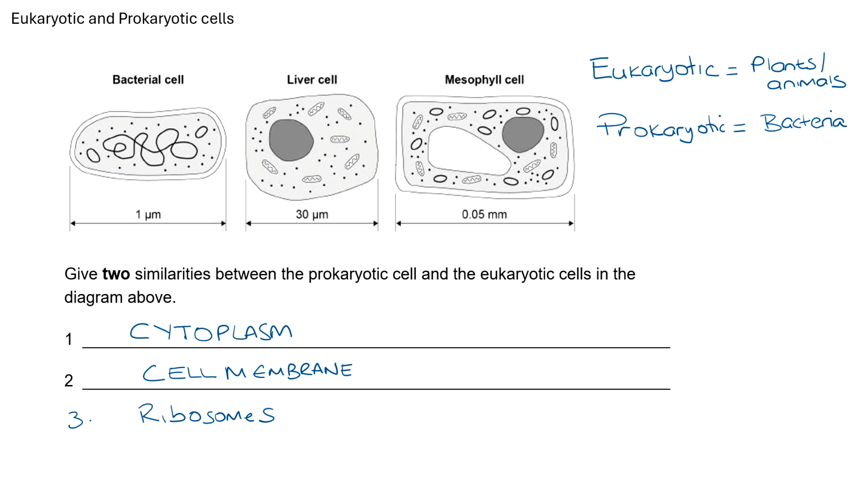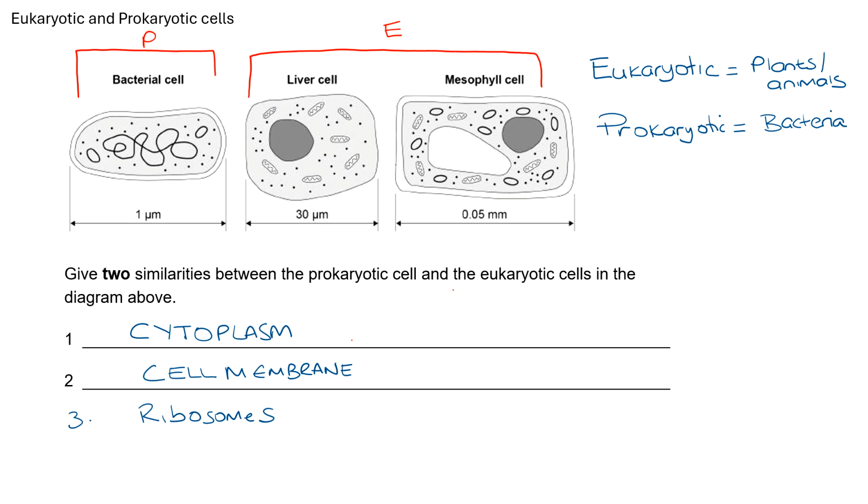So immediately you should be able to know with a question like this that the two cells on the right, the liver cell and the mesophyll cell, are plant and animal cells and are therefore eukaryotic, and the bacterial cell is prokaryotic. This question only asks for two similarities between prokaryotic cells and eukaryotic cells.